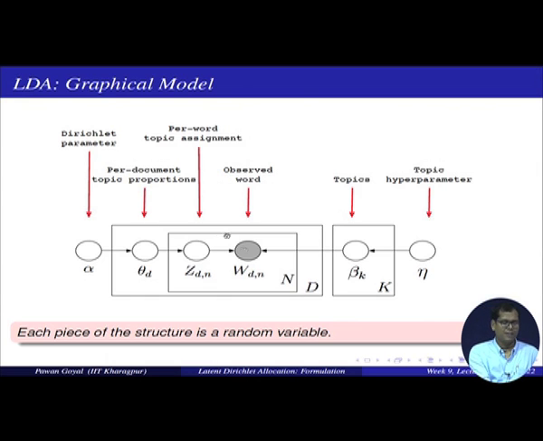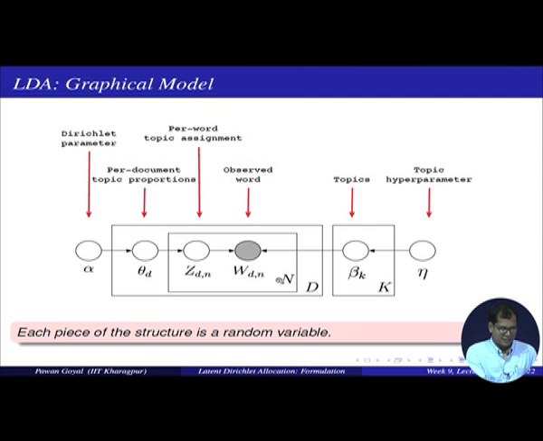There is also a Dirichlet parameter here and a topic hyperparameter here. We will discuss what these are. But right now you can understand simply that beta k is the distribution over words for a given topic, and theta d is a distribution over topics for a given document.